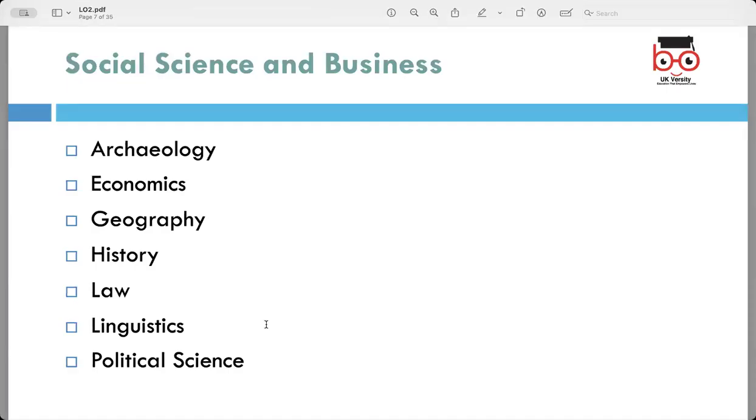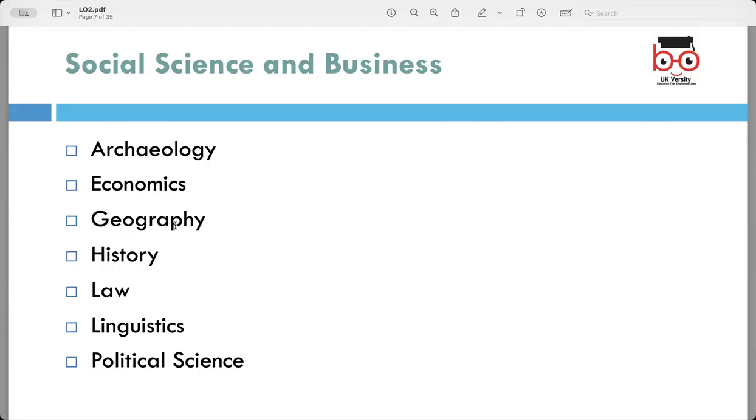Social science and business: you might not realize it, but social science subjects form the core of business research. These include areas like archaeology, economics, law, history, geography, political science, and linguistics.